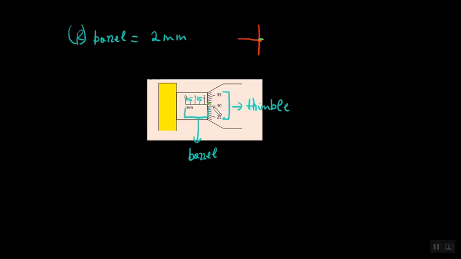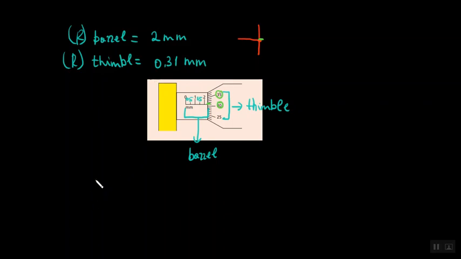As you see, it starts from 30 and ends at 35, and there are 5 shorter lines between 30 and 35, and this is just the first line right after 30. So the reading of the thimble is going to be 0.31 millimeter.